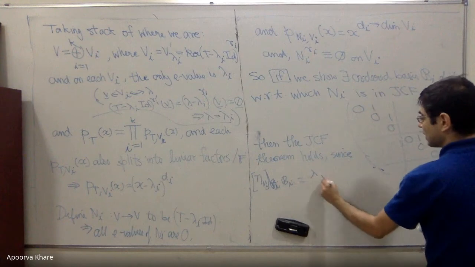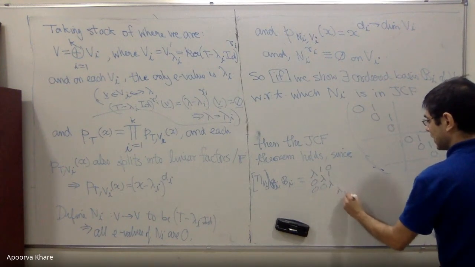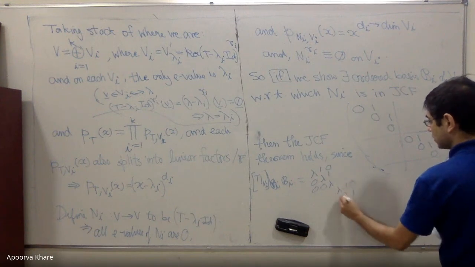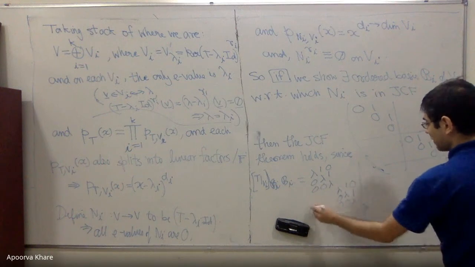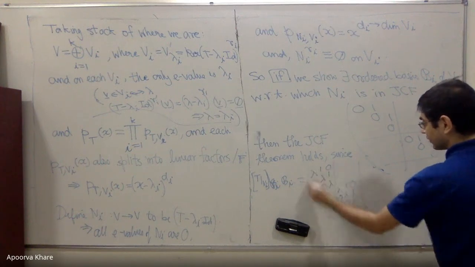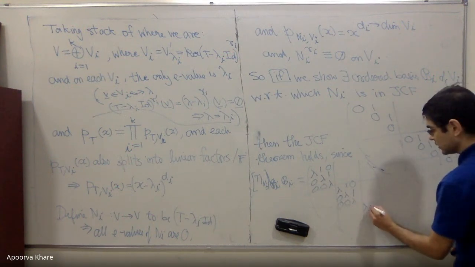It would have lambda, lambda, lambda on the diagonal, with 1s above, 0s elsewhere, because you just add lambda_i times identity everywhere. These are all lambda_i.